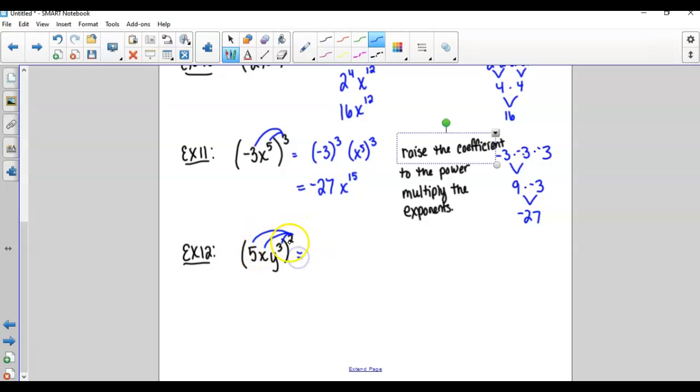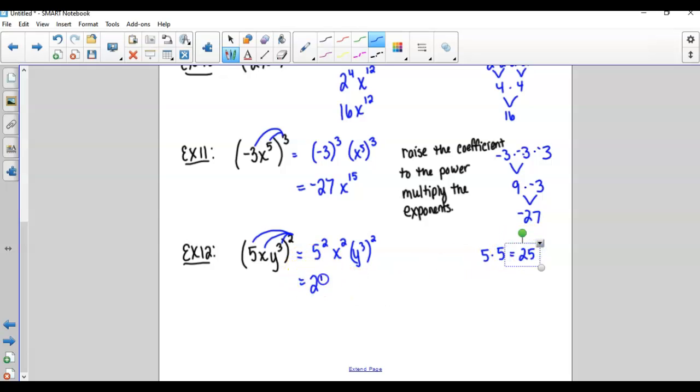So that means we're doing 5 to the second power. It means we're doing x to the second power, and we're doing y to the third to the second power. So the coefficient we just raised to that power, 5 to the second power, is 5 times 5. We call it 5 squared. Anything to the second power we can call squared. Anything to the third power we call it cubed. And that's going to just give us 25.